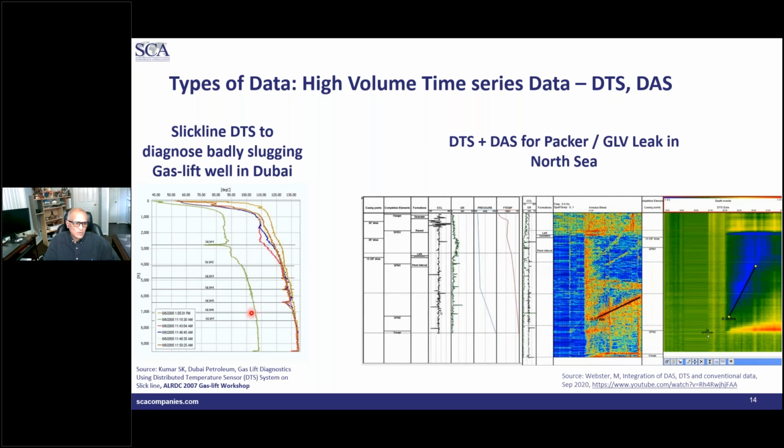For example, here is a paper from the 2007 gas lift workshop where people were talking about using distributed temperature sensing data to diagnose a slugging gas lift well. And here is a relatively recent example of how somebody used this acoustic sensing data plus temperature sensing data to figure out whether there is any gas lift valve or packer leak in a well in the North Sea.